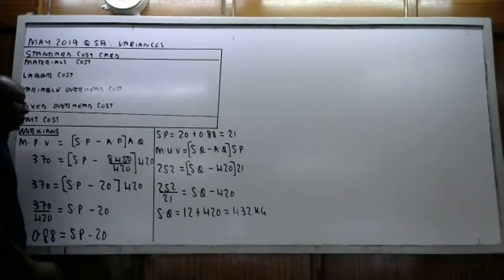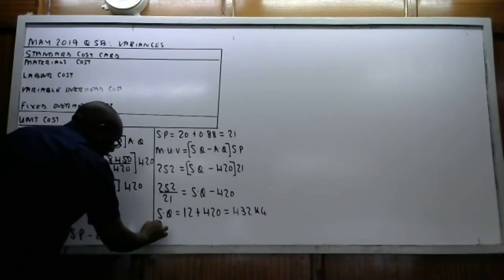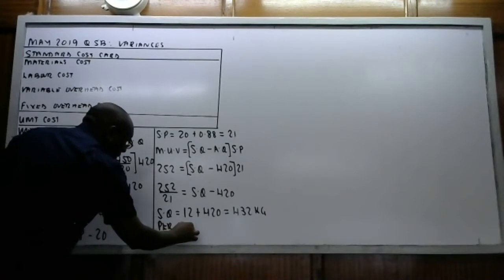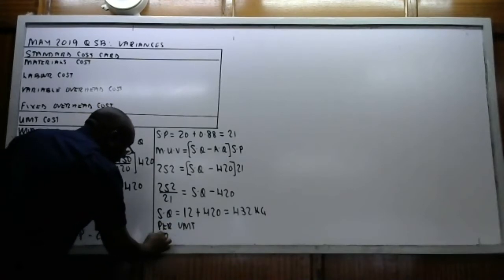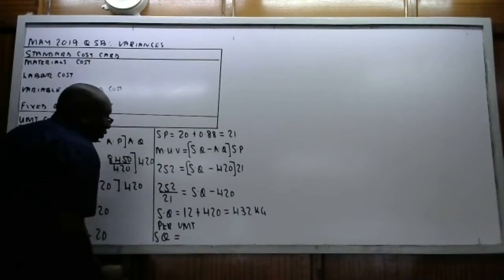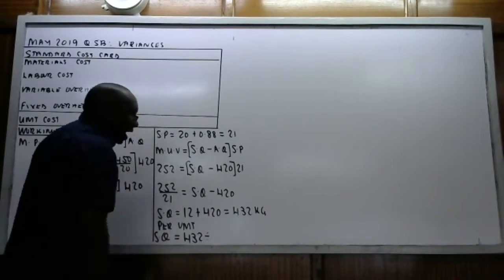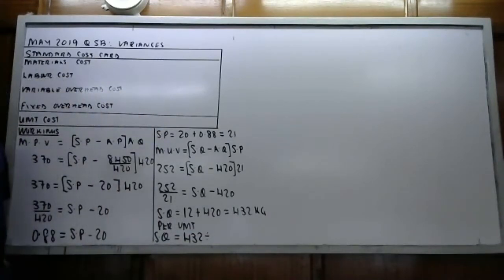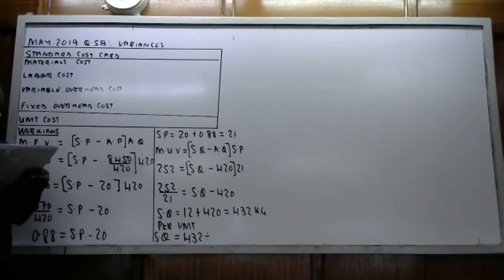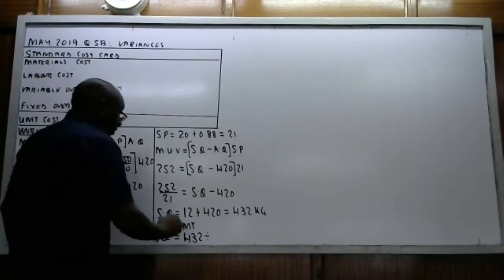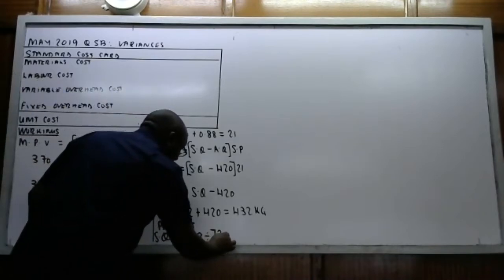So that 432, per unit, SQ should be 432. You divide by the actual units that were produced. The units that were produced is 7,200.